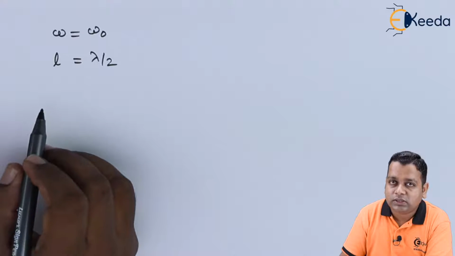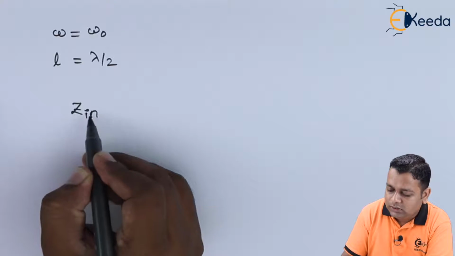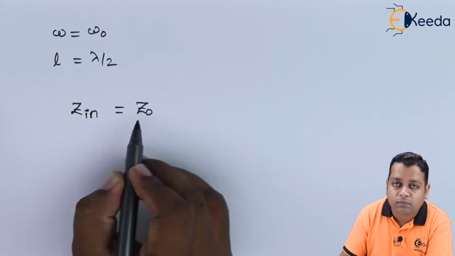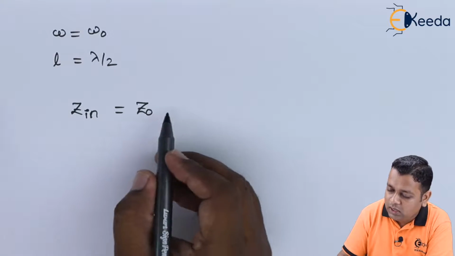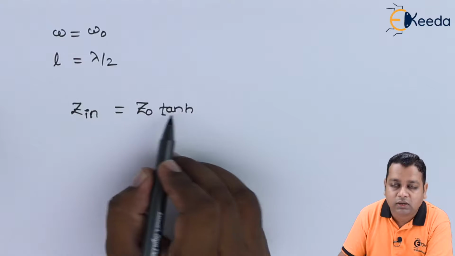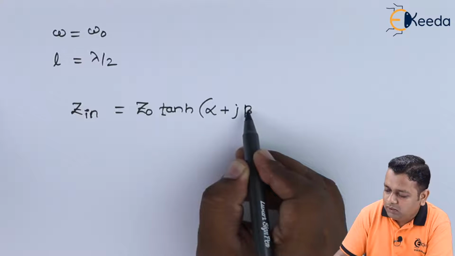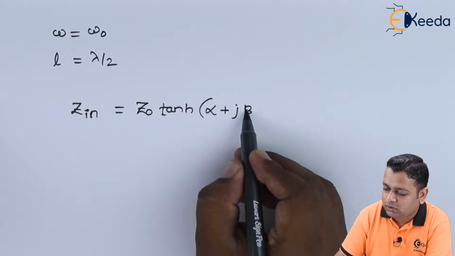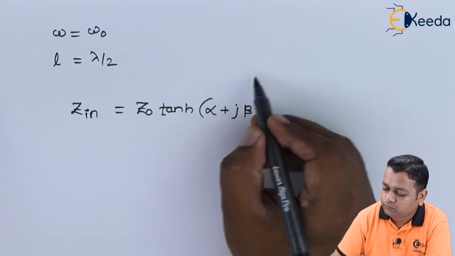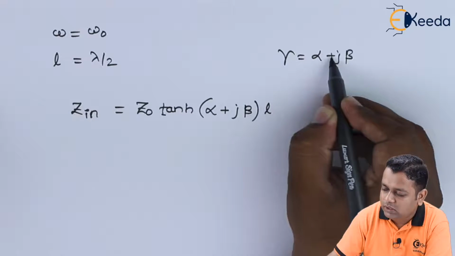In such a situation the input impedance, marked on the schematic diagram as Z suffix in, is given by the equation: the characteristic impedance Z0 of the transmission line multiplied by the hyperbolic function tanh of alpha plus j times beta, which is the complete propagation constant, multiplied by the length of the line. Here gamma is equal to alpha plus j times beta.